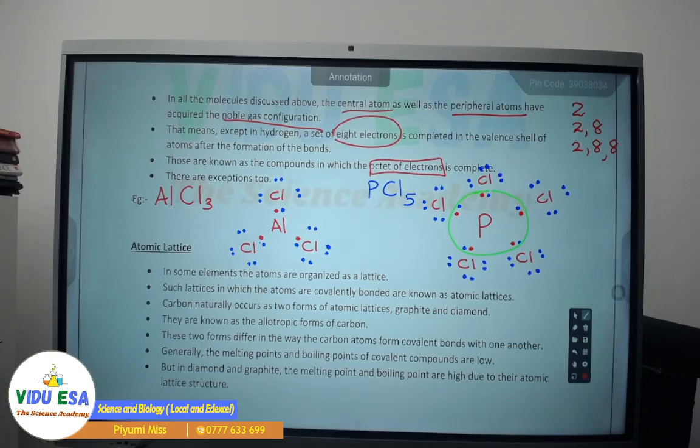Okay. Then we are moving on to the atomic lattice. What is this lattice? In Sinhala we call this a dalisa. Lattice structure.